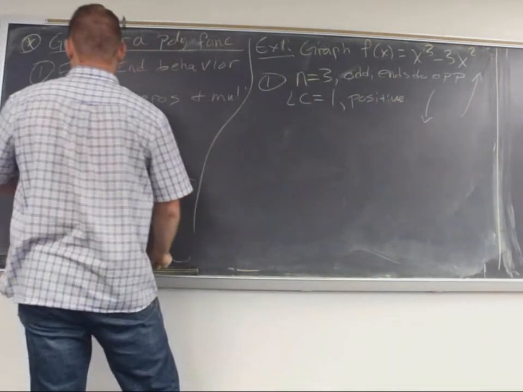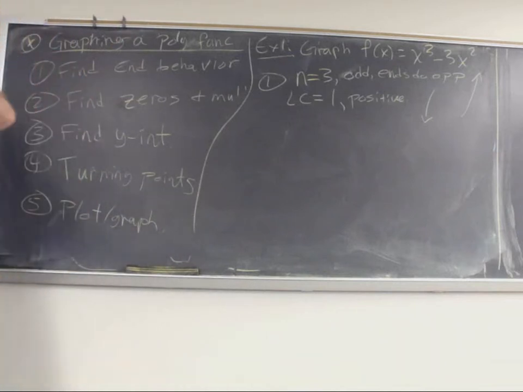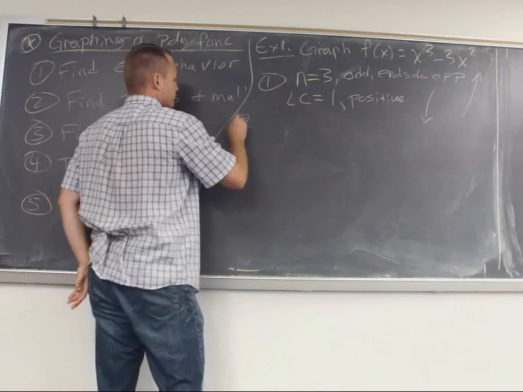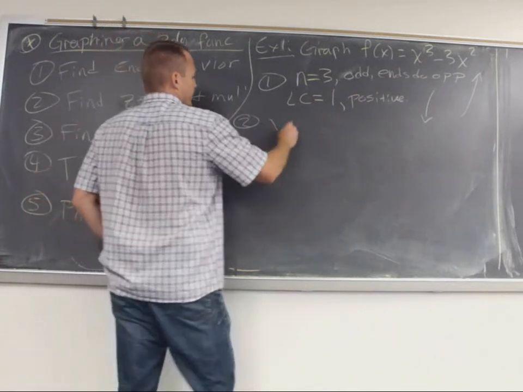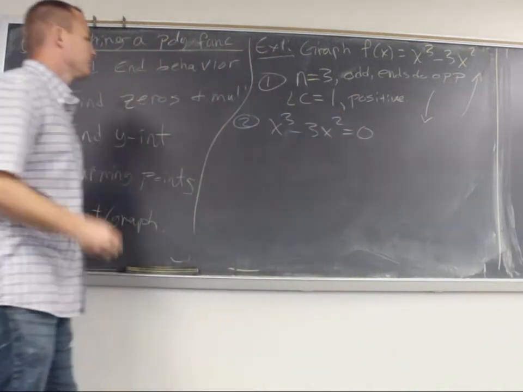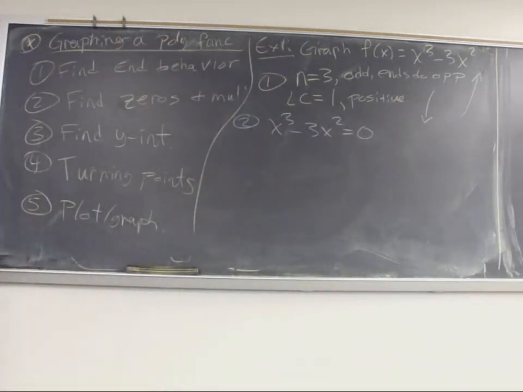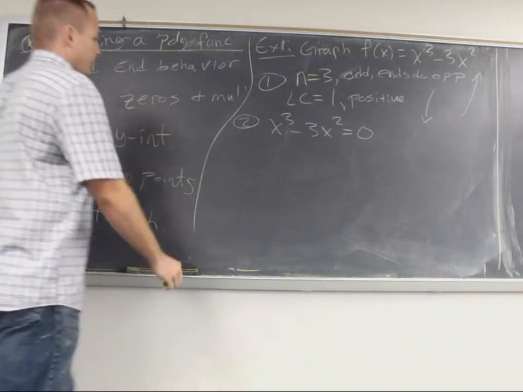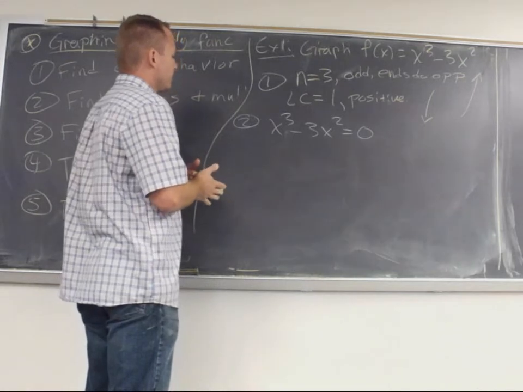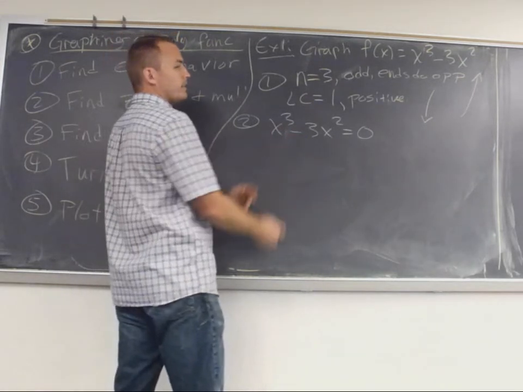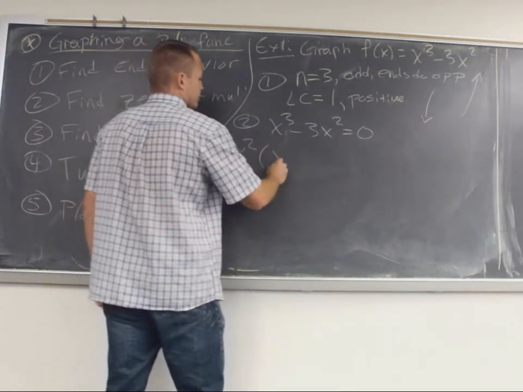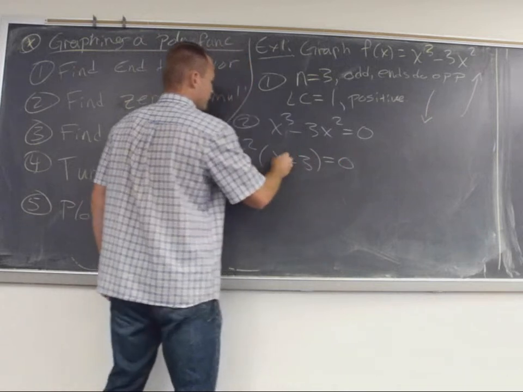All right. Step 2 is find the zeros and give their multiplicity. Let's do that now. So we have x cubed minus 3x squared is equal to 0. Remember, finding zeros, you set it equal to 0. And pause the video and try to do it yourself. If you need help, then unpause it. So I noticed that both of the terms have an x squared in common, so I can take that x squared out, and I'm left with x minus 3, and that's equal to 0.